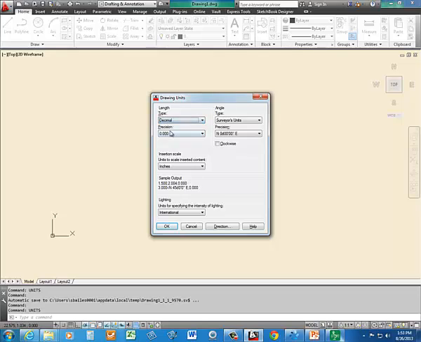So we'll use decimal, and then any measurements we make, or we have to of course show the length measurement on the sheet, we will either measure it beforehand and type in the foot mark, or we can set up a dimension style that will automatically place the foot mark for us.